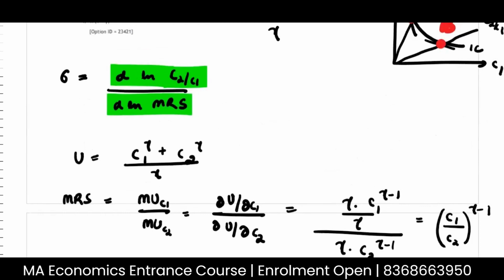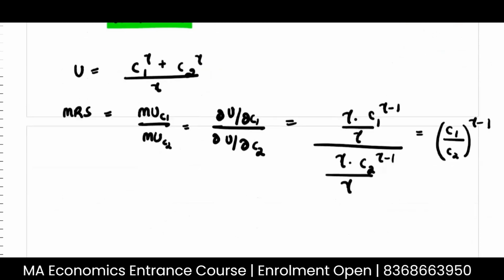Now, just one thing here. See, in the numerator, I have C2 by C1. MRS is coming as a ratio of C1 by C2. But we know if I have X by Y, and if I want to switch this, I can write that this is Y by X to the power minus 1. So I can multiply the power with the negative 1 and I can switch what comes inside.